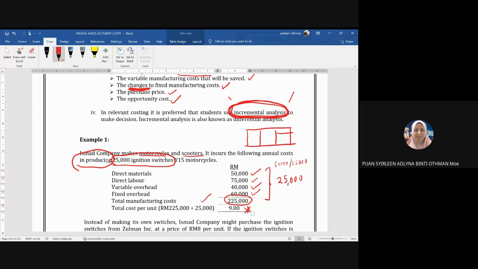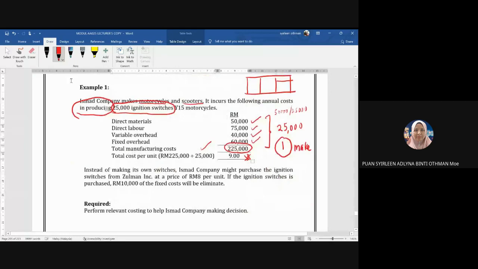Okay, sebab total overall is 225,000 divided by 25,000 units of ignition switches. So your cost that you need to bear is RM9. Okay, ini situasi satu lah. Kalau saya make. Okay, alright.